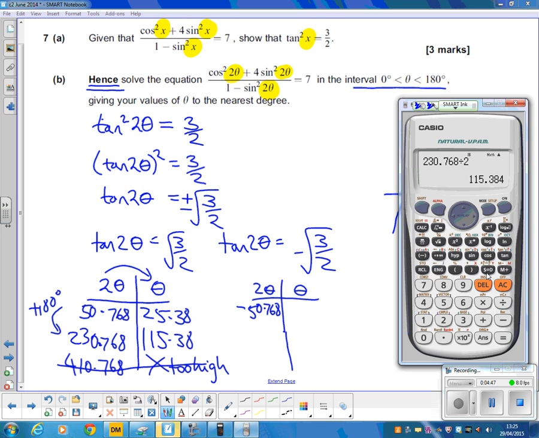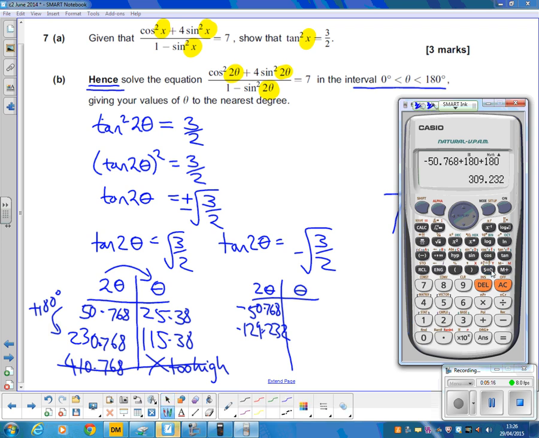Now let's try again with the negative 50.768. I'm going to add 180 onto that. That gives me 129.232, and then take the answer, add on another 180.